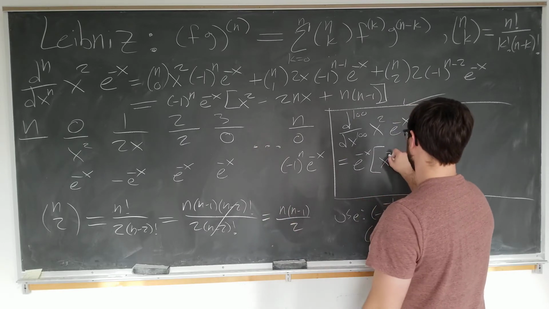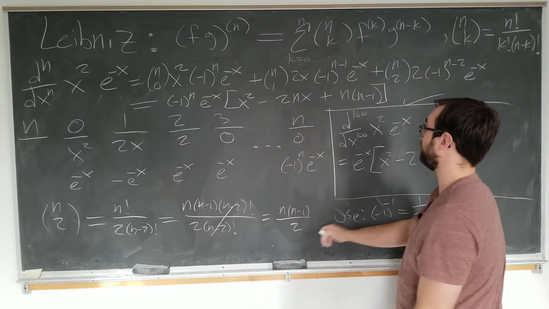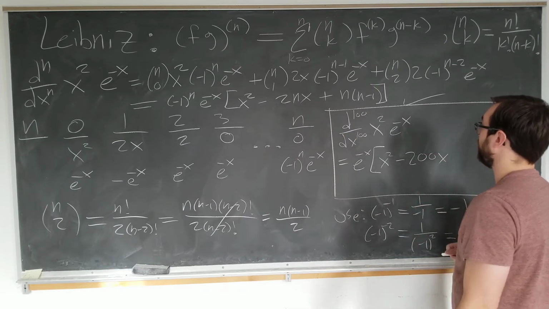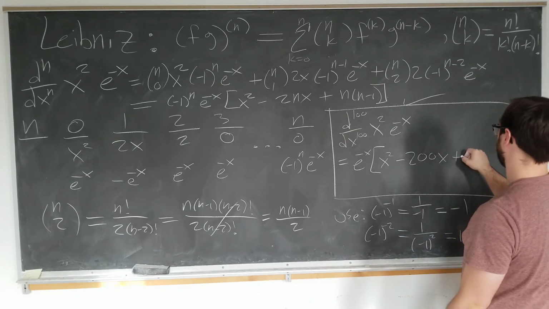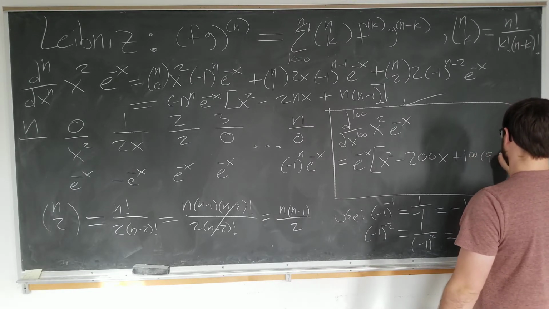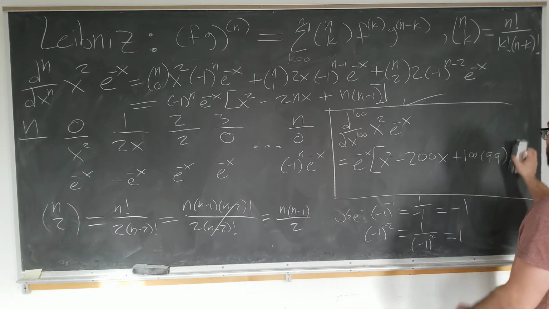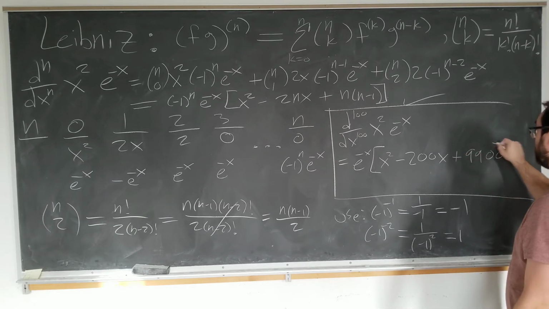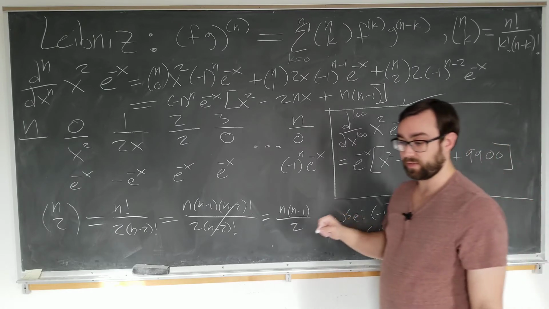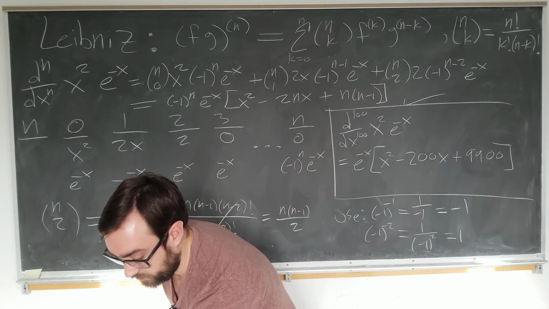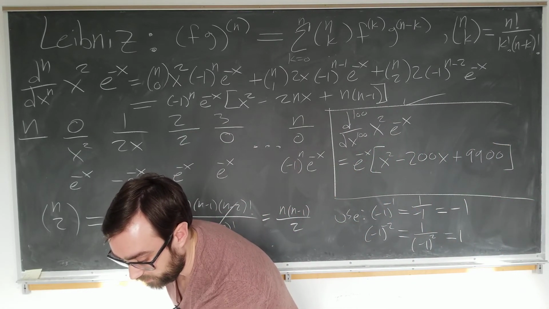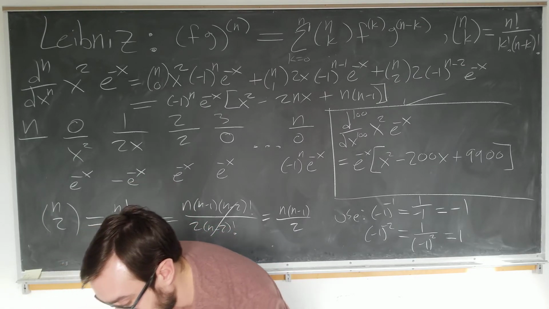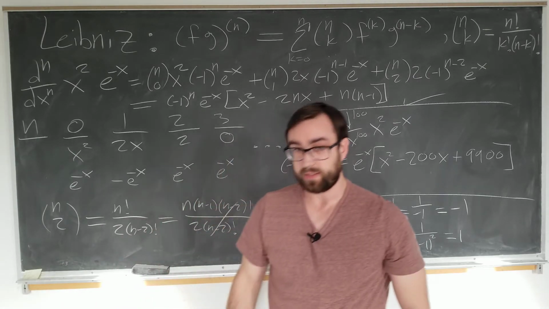We have x squared minus 2 times 100, which is obviously 200, and plus 100 times 99, which is obviously 9900, right? There you go. I just want to show you an example where we get down to the straight numbers that everyone can appreciate. Pretty sure I did that right. I think it's right. If it's not, it's close enough.